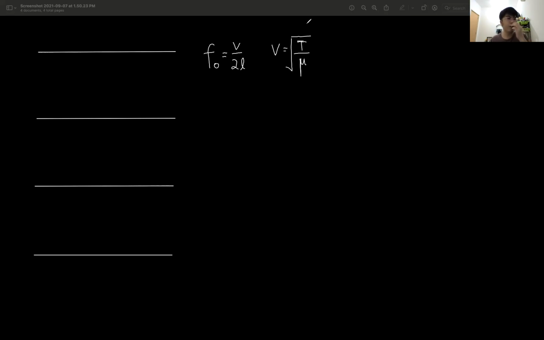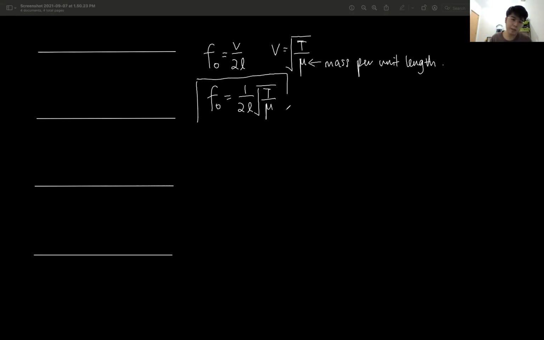Tension is the tension of the string, how tight it is pulled. And mu is the mass per unit length. So for 1 unit length, what is the mass of the string? We put this in the formula, we get F naught equals 1 over 2L square root of T over mu. Please remember this. This is to calculate the fundamental frequency.